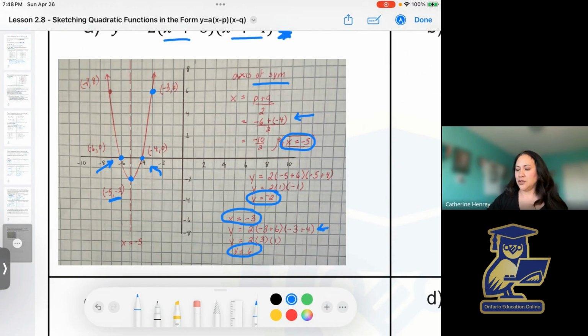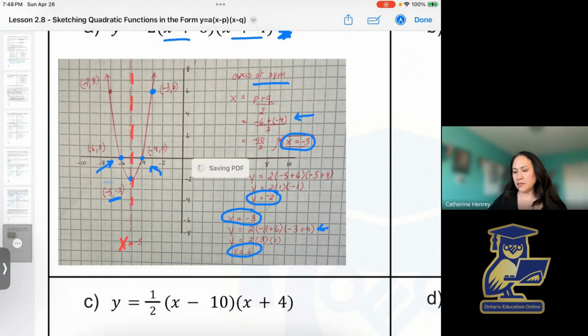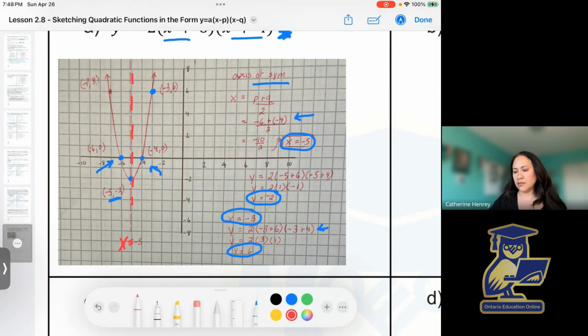My axis of symmetry comes right down through the middle here. That's x equals -5. And then above, because of symmetry, I can plot this point.